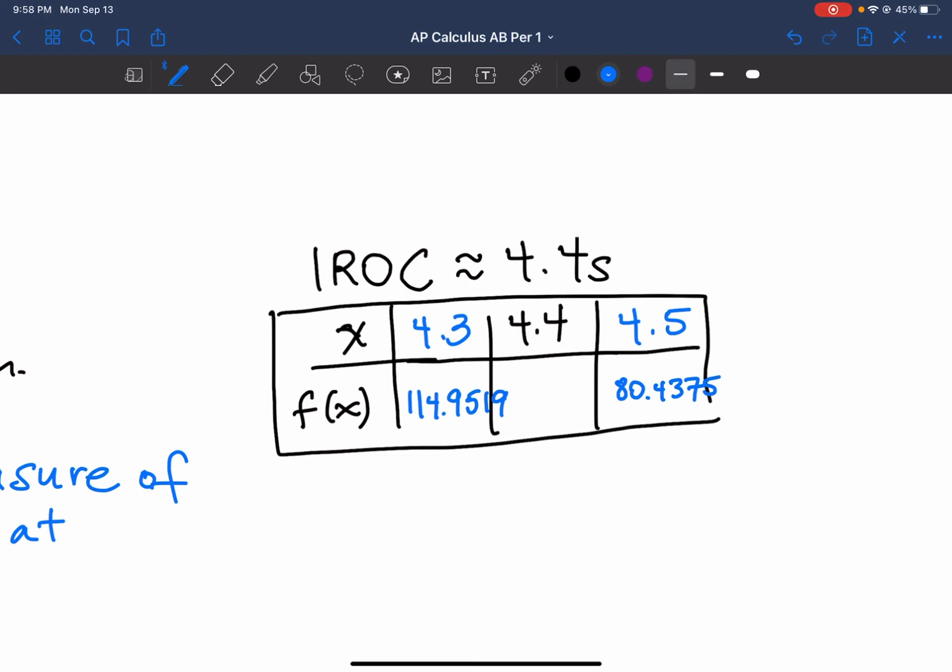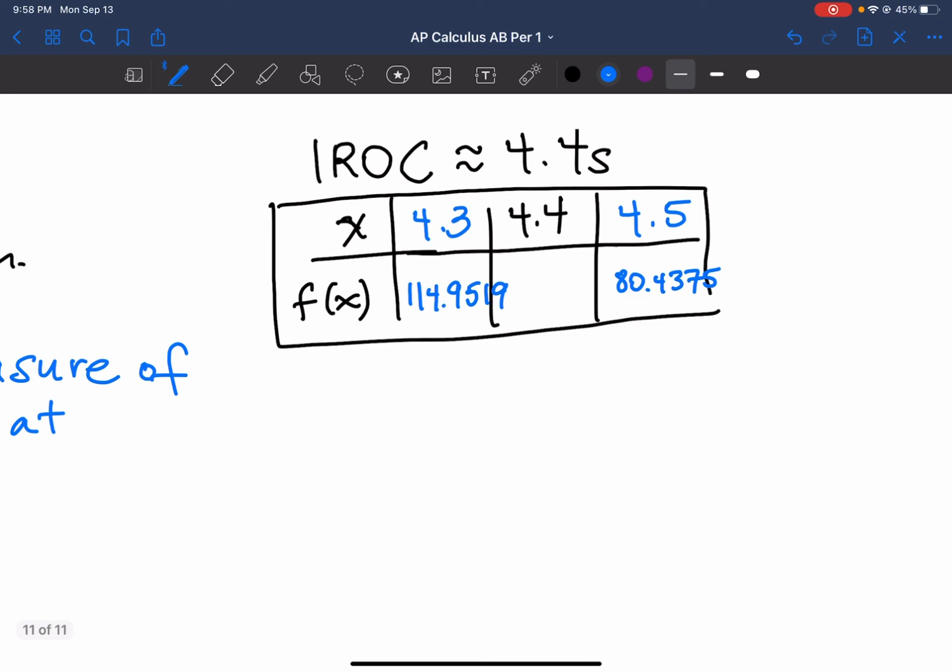So that means that I need to find the slope between these two points, and I can get a better instantaneous rate of change at 4.4 seconds. So the slope equals, this is going to be my second point, this is going to be my first point.